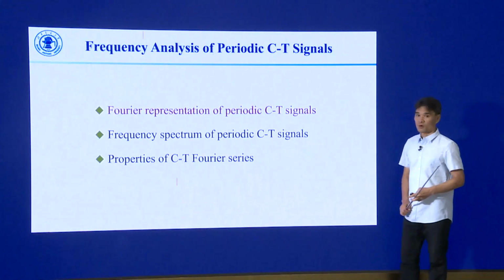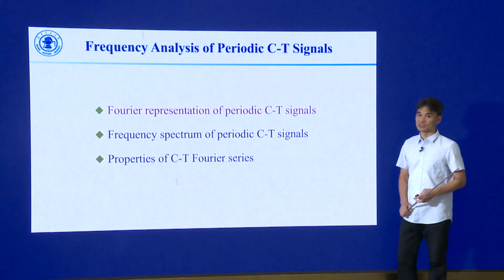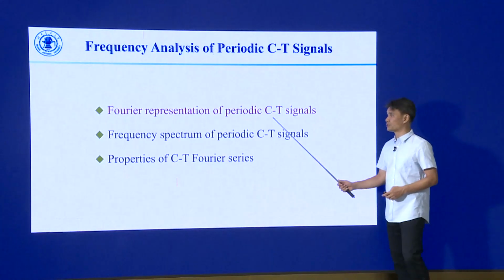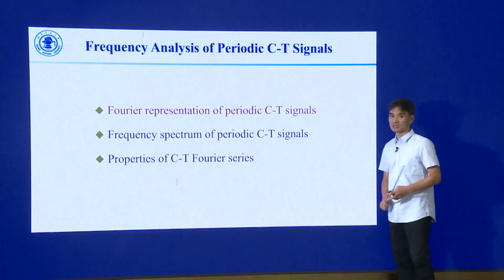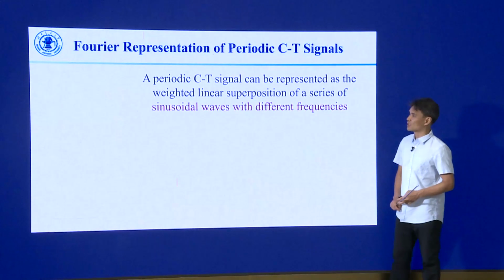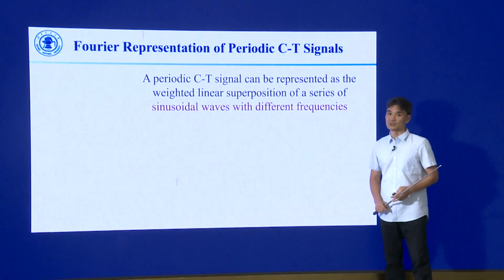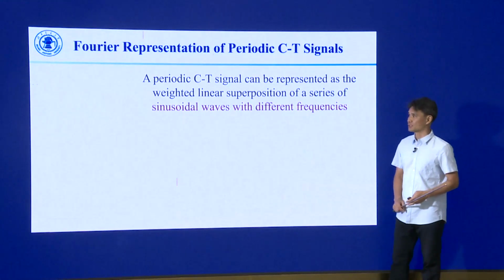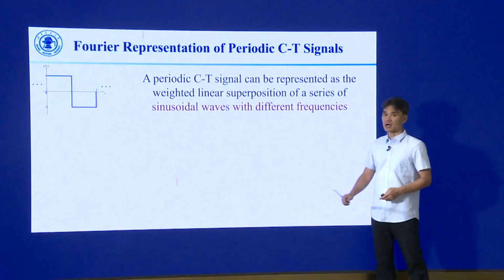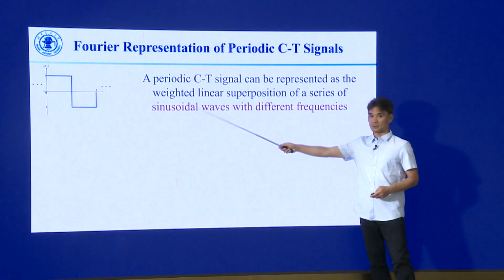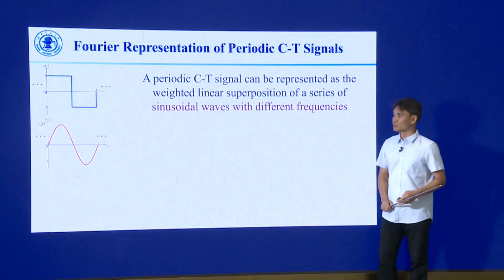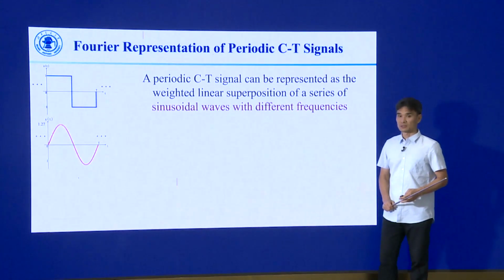First is how we can use Fourier series to represent any periodic continuous time signal. This is to refresh your memory of the Fourier series you learned in calculus. For a periodic signal, as in the example shown, we can use sinusoidal signals to approximate it.